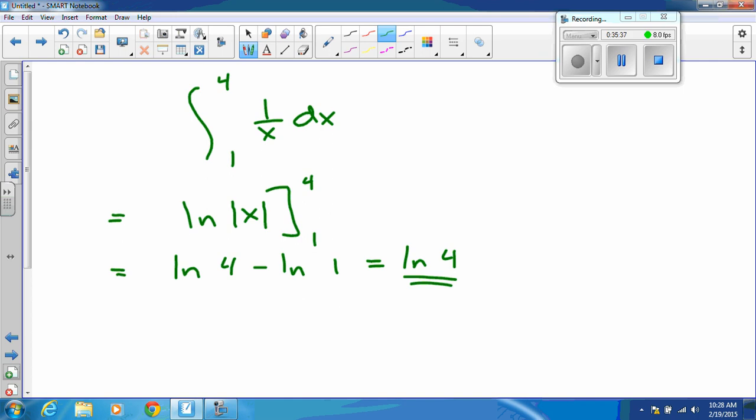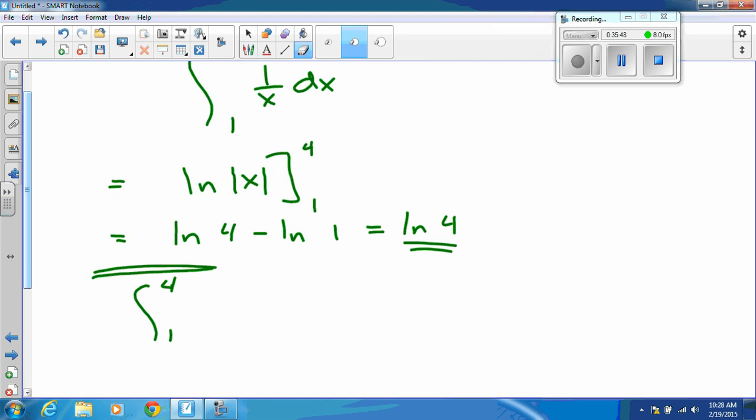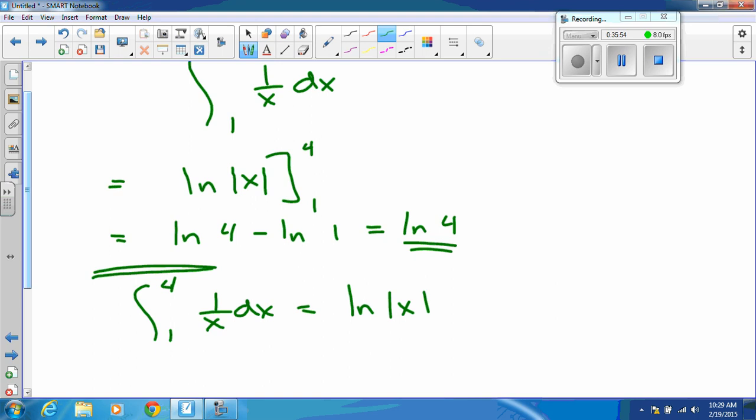So that's very good. But now I want to come back and address the plus c question that you raised. What if I had said that this equals the natural log of the absolute value of x plus, I don't know, 6 from 1 to 4, something like that.